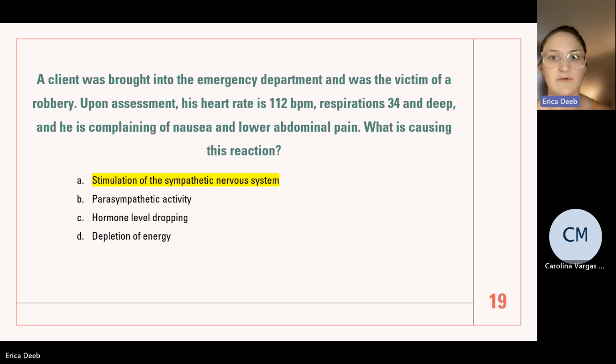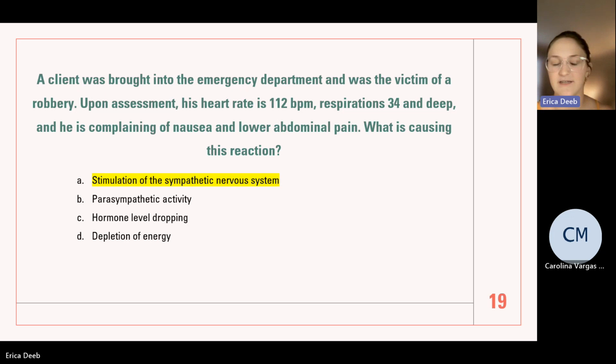If you have a little bit of trouble differentiating between the sympathetic and the parasympathetic, a good way to remember it is sympathetic is fight or flight, and parasympathetic is where your body is resting and digesting.